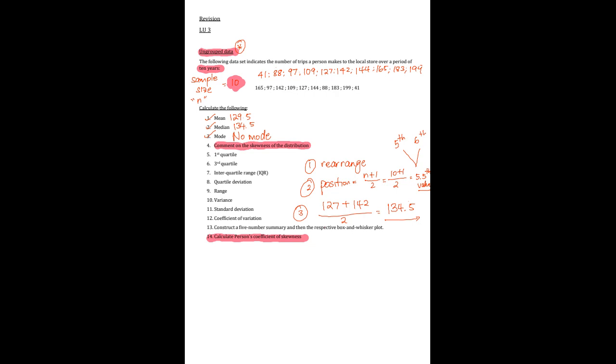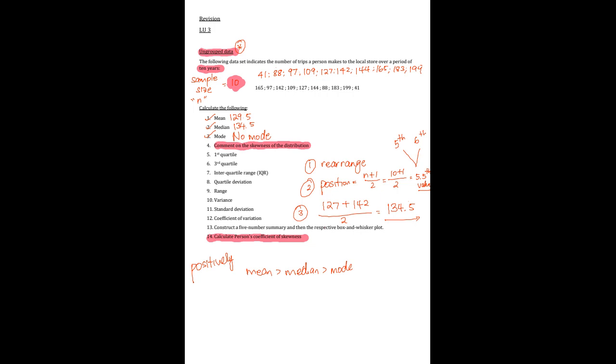However, just for the purpose of, in case it comes out, so just for the purpose of being prepared, we will look at how to comment on the skewness by looking at the mean, median, and mode. So the mean, median, and mode. If you had a situation where the mean is greater than the median and that's greater than the mode, then this would say to you it is a positively skewed data set.